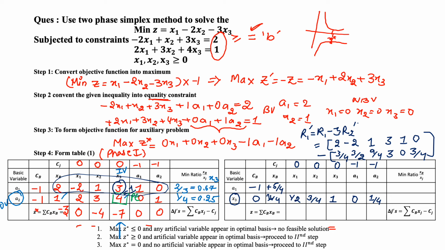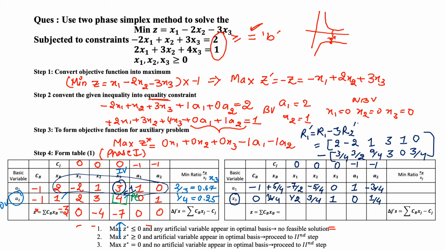Here 2 minus 3 by 2 is 7 by 2. Then 1 minus 9 by 4 is minus 5 by 4. This 3 minus 3 is 0. 1 minus 0 is 1. 0 minus 3 by 4 is minus 3 by 4. Okay, so this is my new simplex table for phase 1.